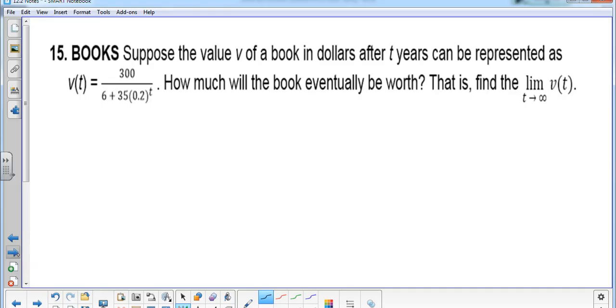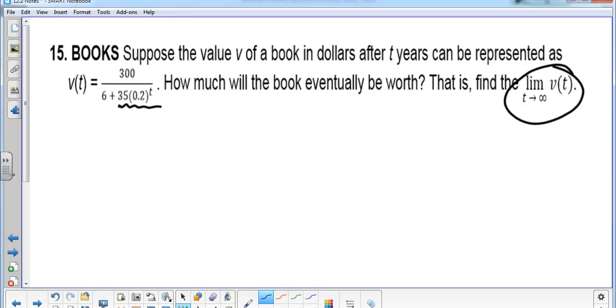All right. This wants to know what the right-hand end behavior is, yes? The limit as t approaches infinity. Suppose the value of a book is equal to this equation after t years, okay? What's going to happen to this little piece right here? Does anybody know? 35 times 0.2 to the t where t approaches infinity.